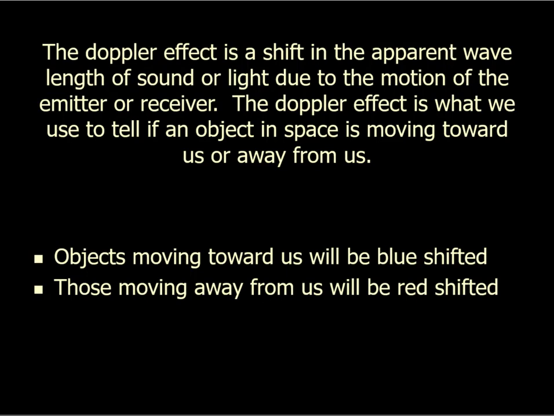There is nothing around you that is moving fast enough for you to see a blue Doppler shift or a red Doppler shift. We call them Doppler shifts because they will detect as redder if it's moving away from you. It will detect as bluer if it's moving toward you.